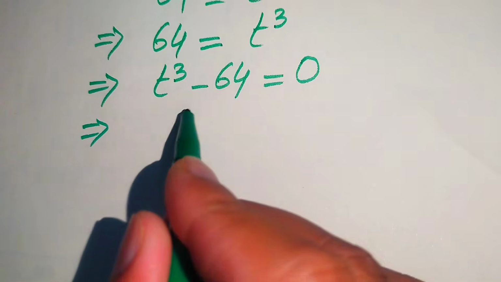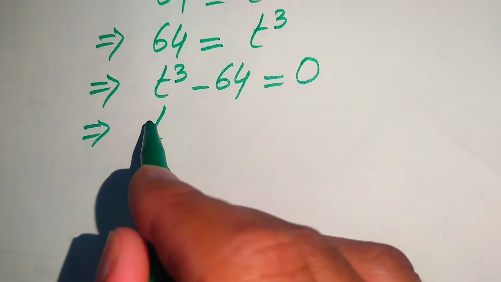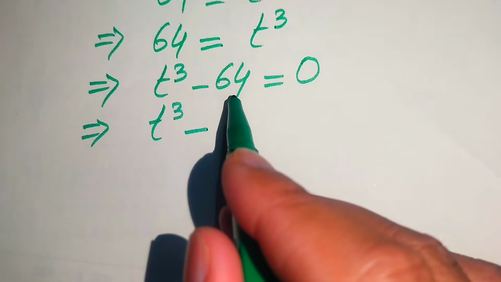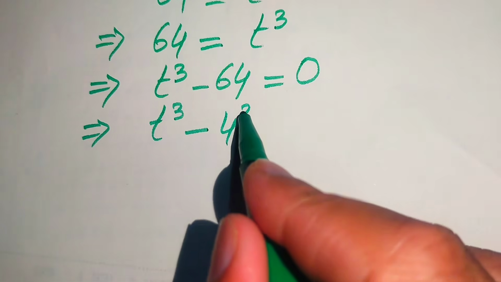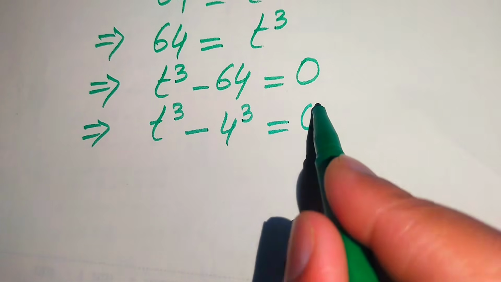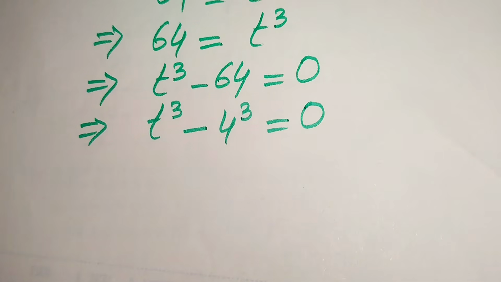Here we write this properly in cubic form as t cubed minus 64, and we know that 64 is the cube of 4, so it will be written as 4 cubed, and this whole equation is equal to 0. So here we use the nice cubic formula to solve this problem.